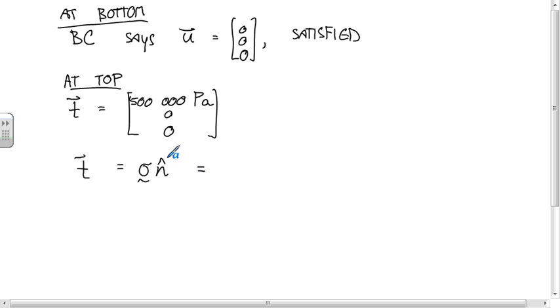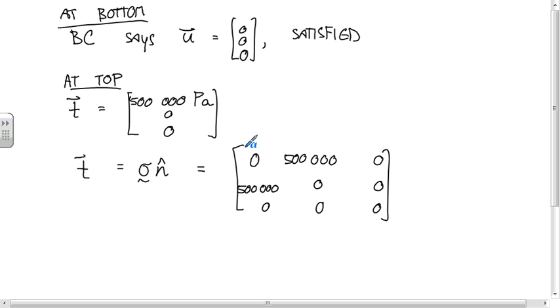The stress tensor that corresponds to this, well, we actually started with the stress tensor and worked our way back to get the displacement. So we already know that the stress tensor is equal to 0, 500,000, 0, 500,000, 0, 0, 0, 0, 0. What's the outward facing normal to the top?